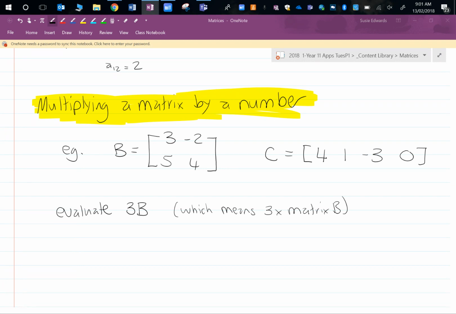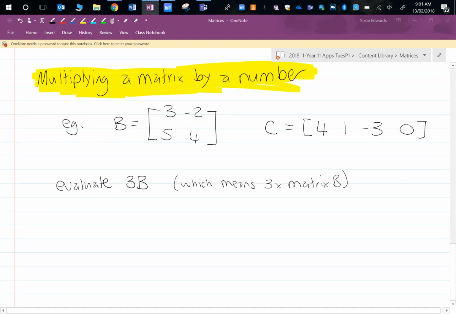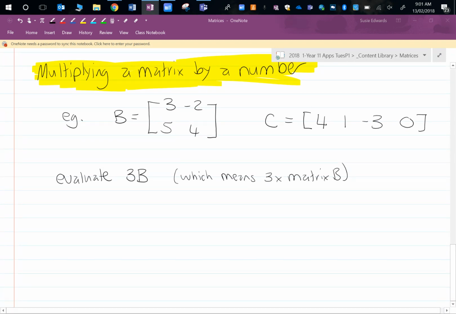It still stays as a matrix as an answer. So what that means is we multiply every element in the matrix by the number.